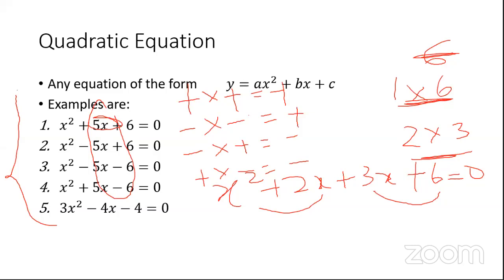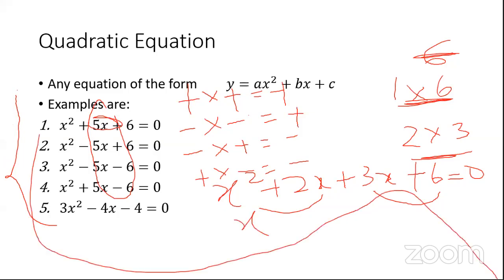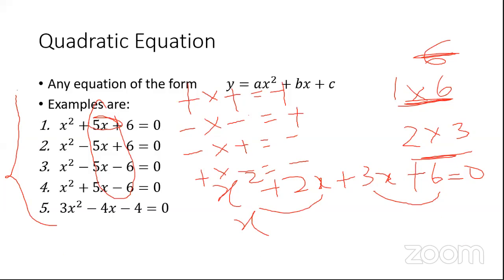The first one, x is common between x squared and 2x. So bring that x out, then we have in bracket x plus 2. The other one, 3 is common there, plus 3. Bring it out, x. When you divide 6 by 3, you are left with 2, equals 0.